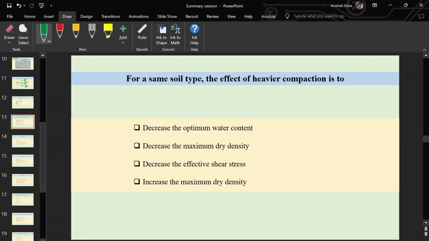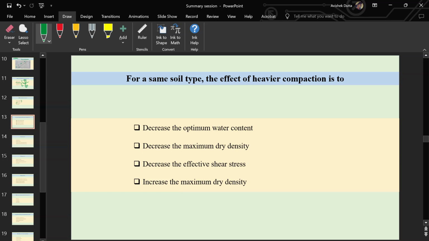And if we say this is OMC1 and this is OMC2, OMC2 will be less than OMC1. So optimum moisture content is decreasing and side by side the maximum dry density is increasing. So option 1 and option 4 both are correct.